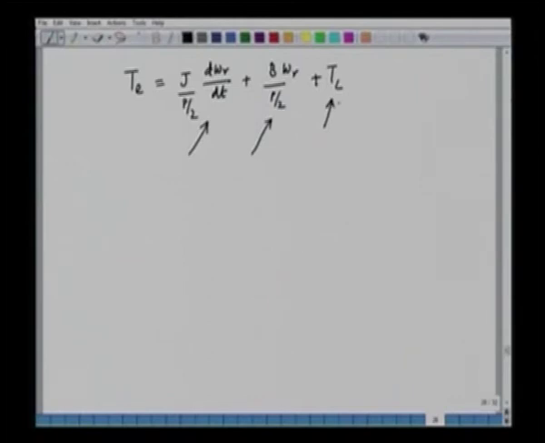Now if we solve this equation, we will get the expression for the rotor speed, that is omega r, and we can integrate this omega r to get the expression for theta r. So this is what we have here. We can have some initial constant, the initial position, so the integration of omega r dt will give us theta r, and the theta r can be used to transform the actual voltages VA, VB, VC into VD and VQ.